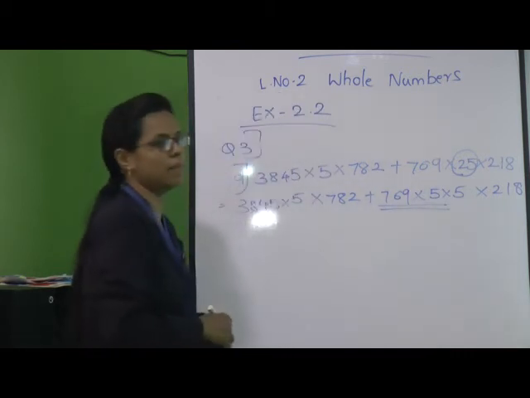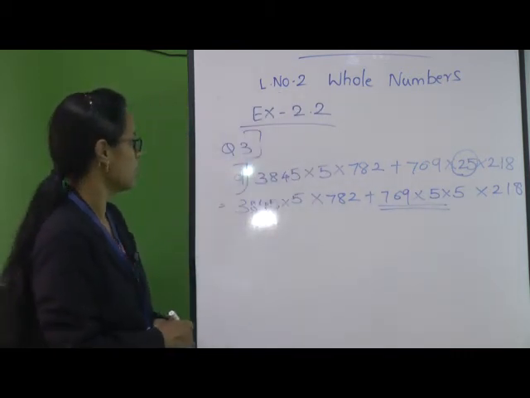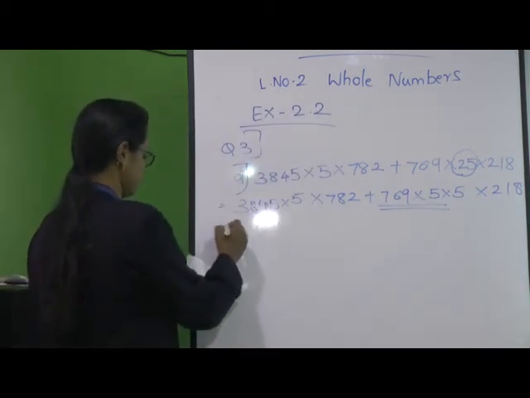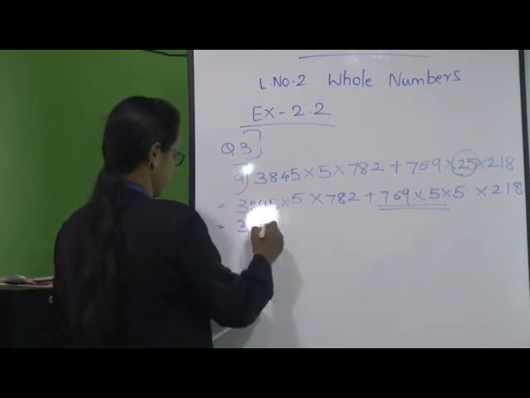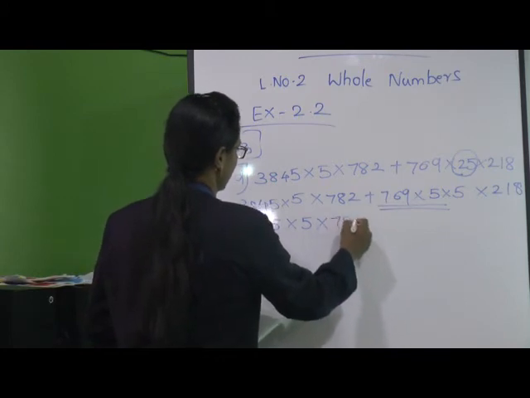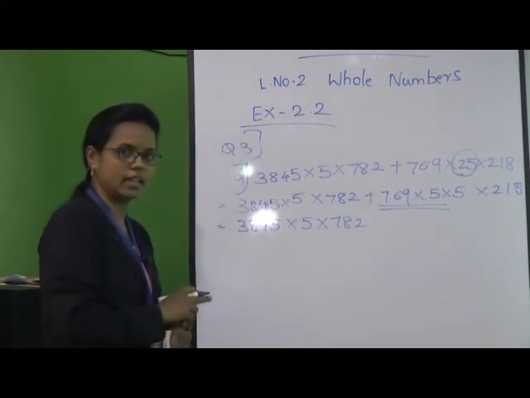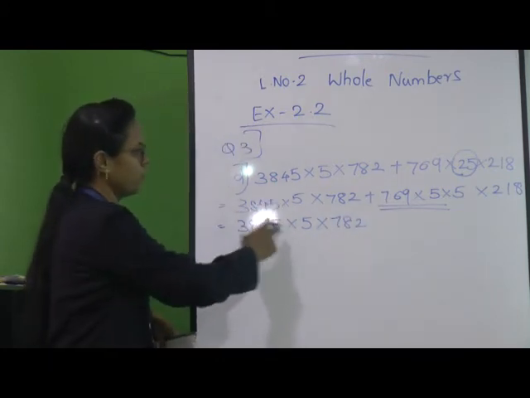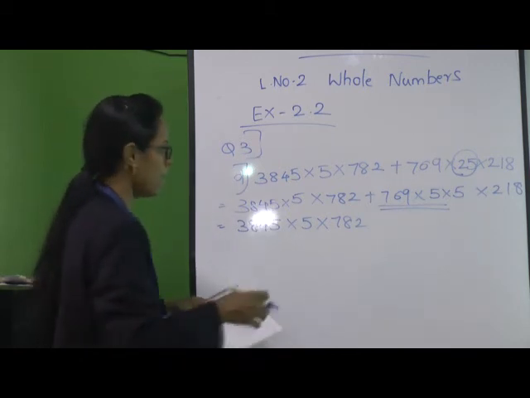769 multiplied by 5 we are going to do it first. Let us see now. 3845 into 5 into 782, till here I have written the same as it is from the above step.